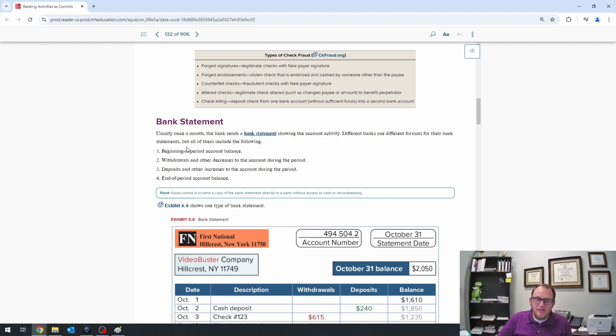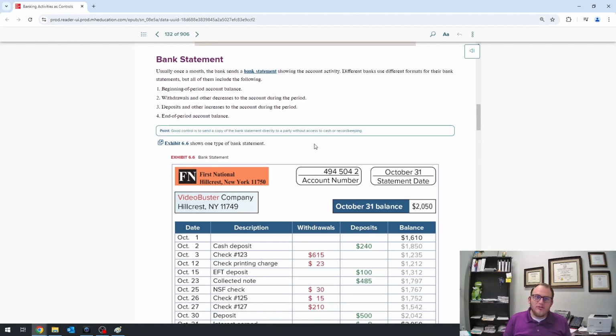On a bank statement, it always starts with the beginning period bank balance. That should tie to the ending balance on your prior statement, and that's going to be your beginning balance on this statement. It's going to list out all of the withdrawals and other decreases to the account, all of the deposits and other increases to the account, and then the ending balance on the account for that period.